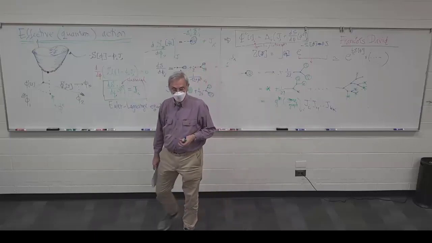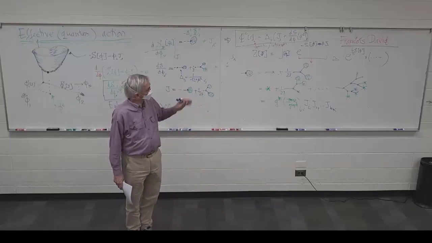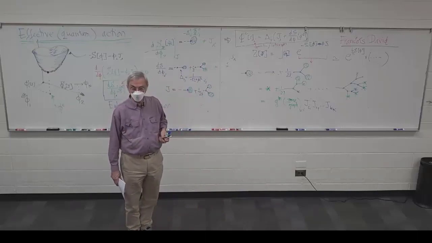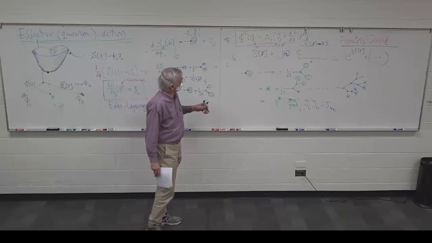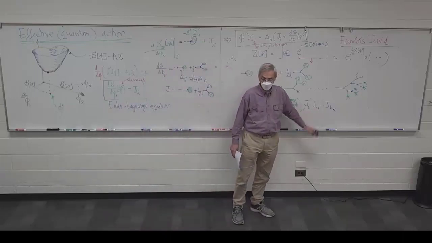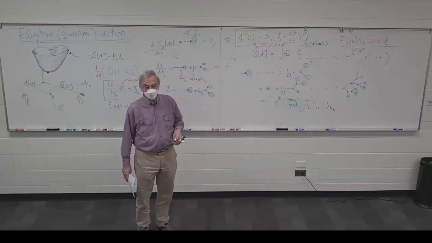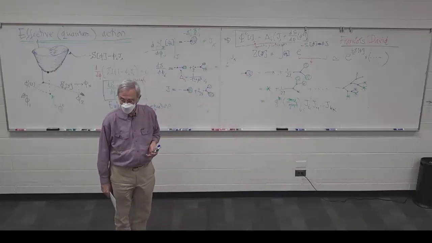So diagrammatically, it has no loops, and it's important for us because now I'll show you how to compute one loop correction to this. So the first thing is the classical solution is just a multinomial in the source fields in this approximation where you're expanding in a small parameter g.